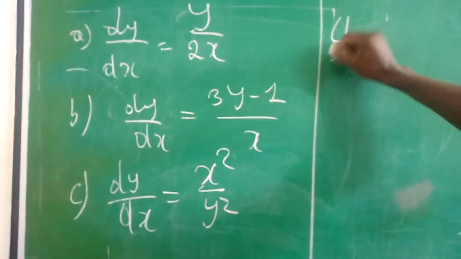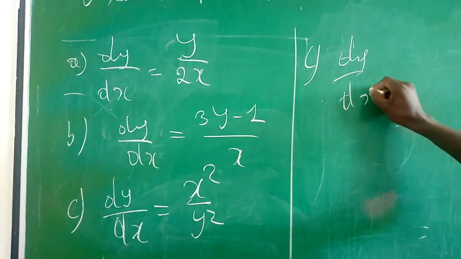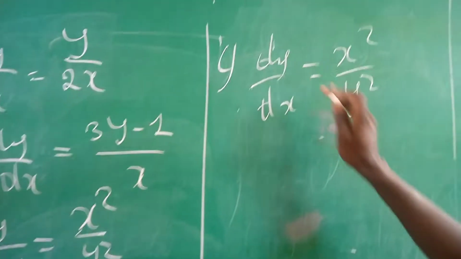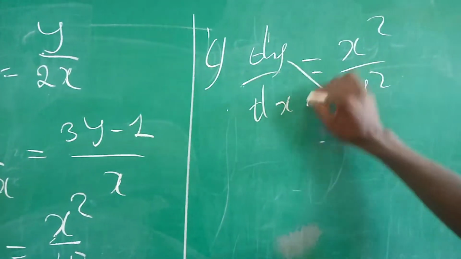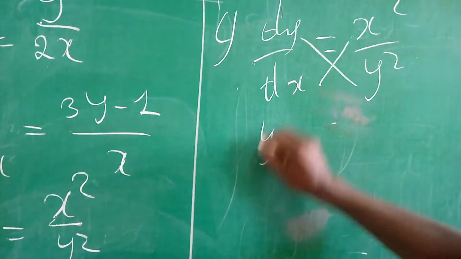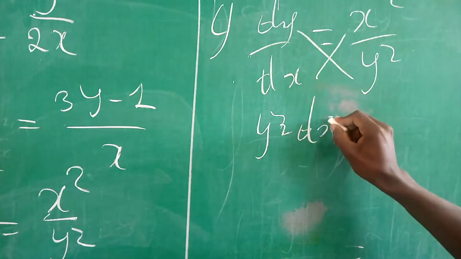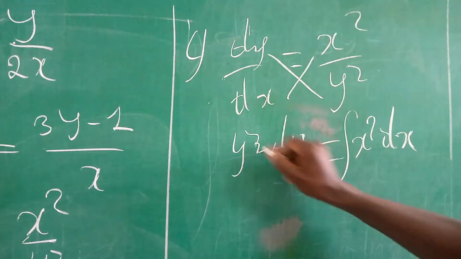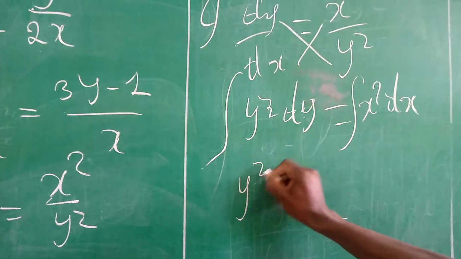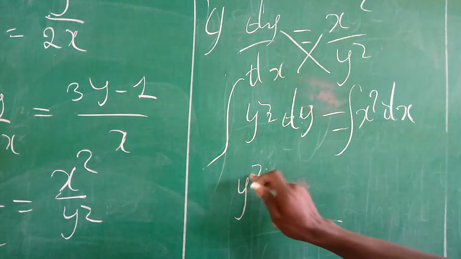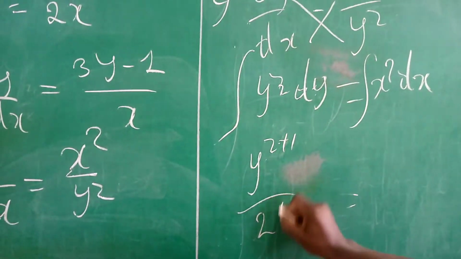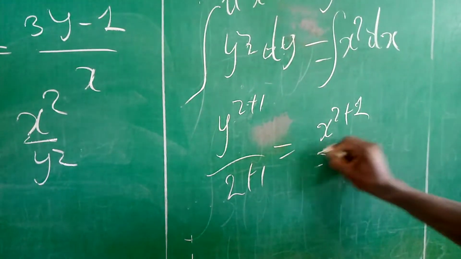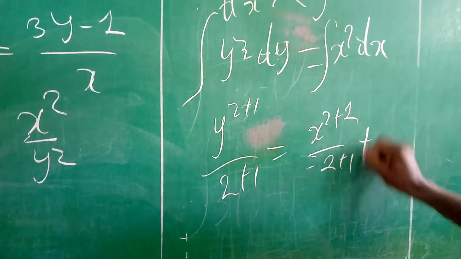The last one is dy over dx equal to x squared over y squared. To separate this we can use cross multiplication, and we get y squared dy equal to x squared dx. Then integrating both sides, we get y to the power 2 plus 1 over 2 plus 1 equal to x to the power 2 plus 1 over 2 plus 1 plus c.